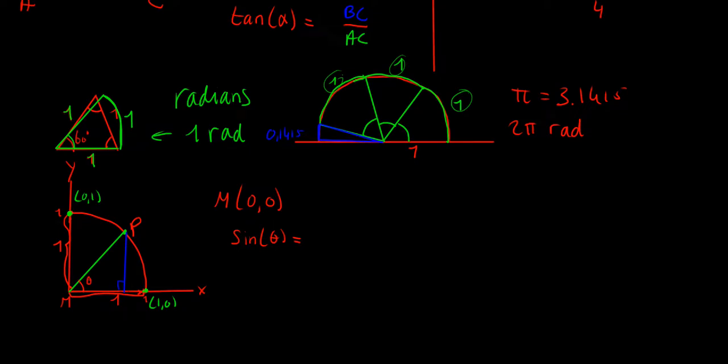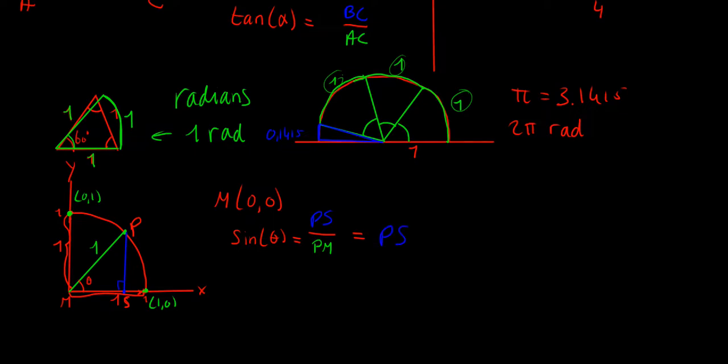Let's call this point S. Sine of theta is actually the same as PS divided by PM. But PM is special because our circle has a radius of 1, because that's how our circle is defined. So actually, the sine of theta is equal to PS.